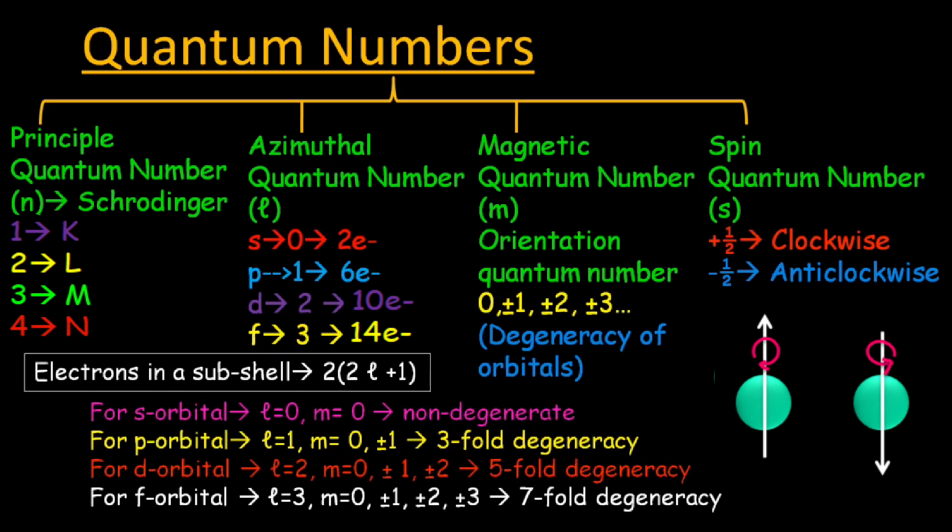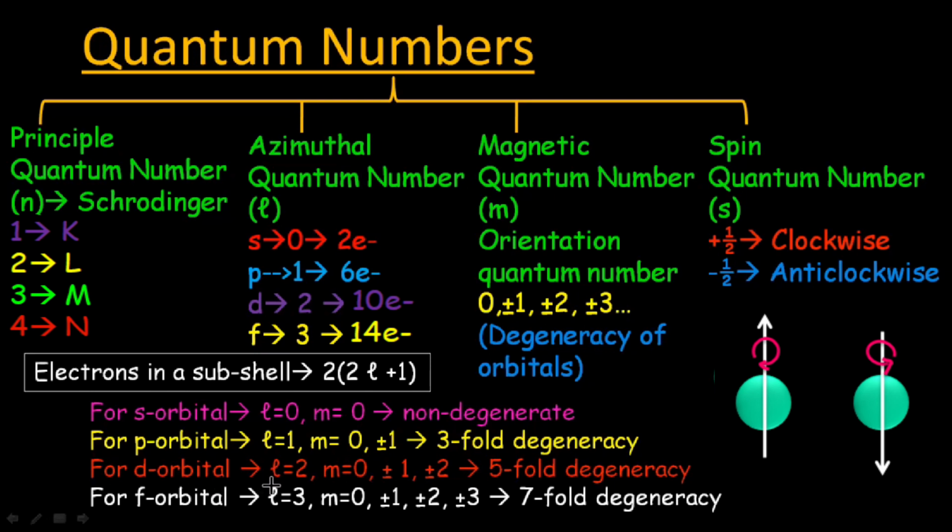These three orbitals on removal of external magnetic field appear as single p orbital. But when the magnetic field is applied, the p orbital splits up into three different orbitals which are differently placed in space but have the same energy. As p orbitals split up into three orbitals, it is known as threefold degenerate.